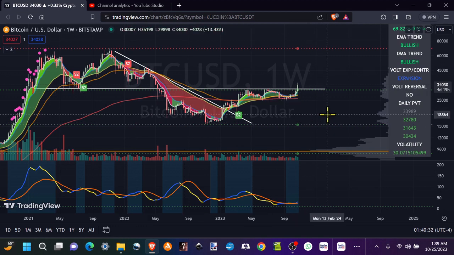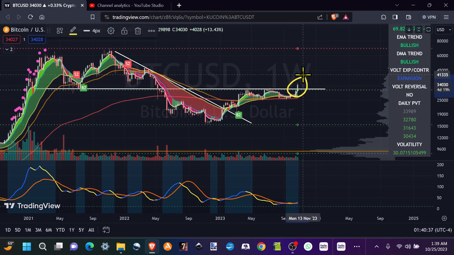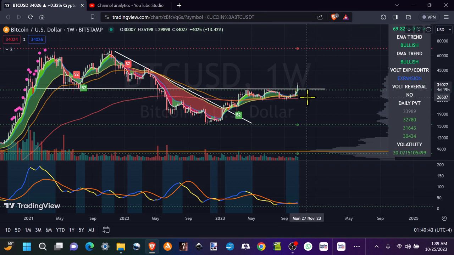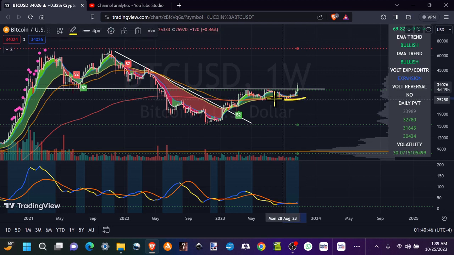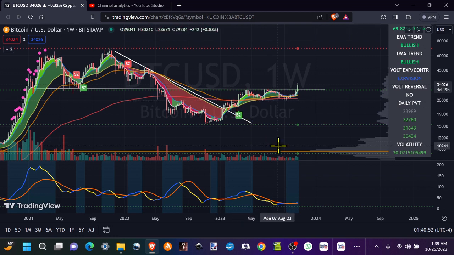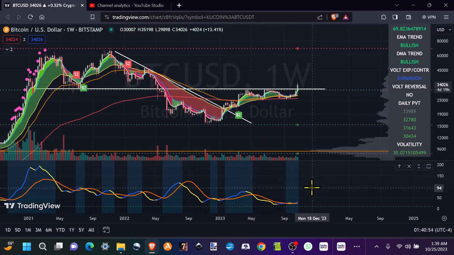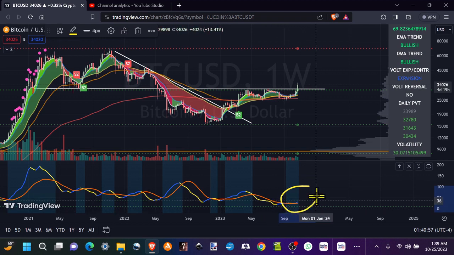But dollar cost averaging, buying here and then buying any dips that occur, even to the 200 moving average, which would be 26,000, in my opinion, is a buy. Okay. Now, that being said, we can also see that we are starting a new expansion phase on the volatility mod tool. It's telling us that expansion is occurring.